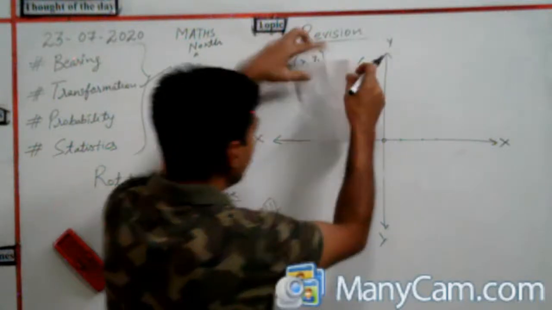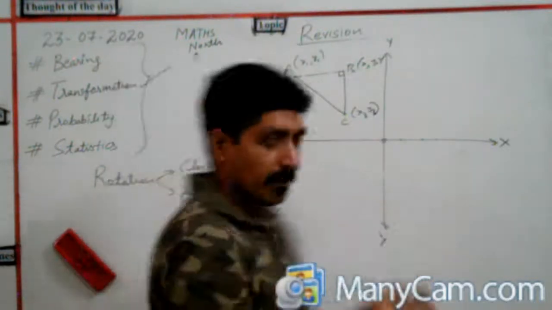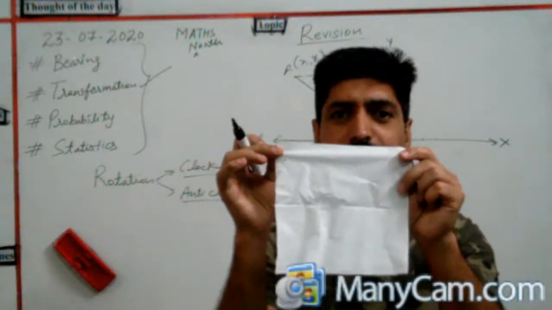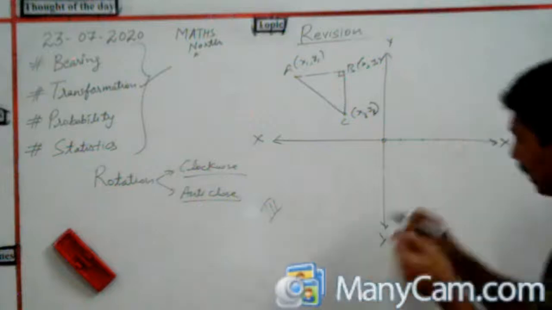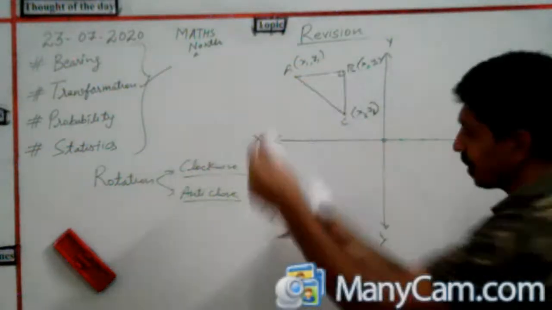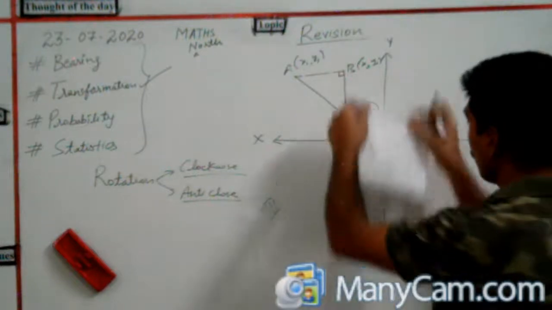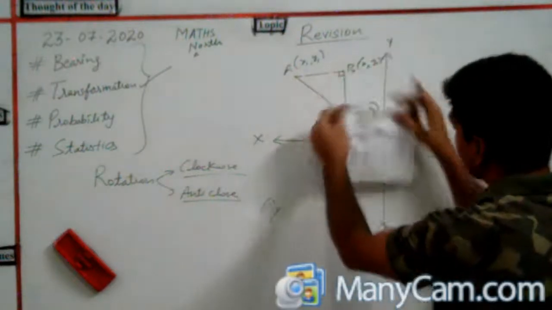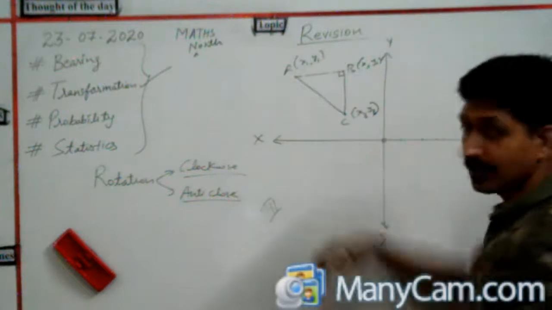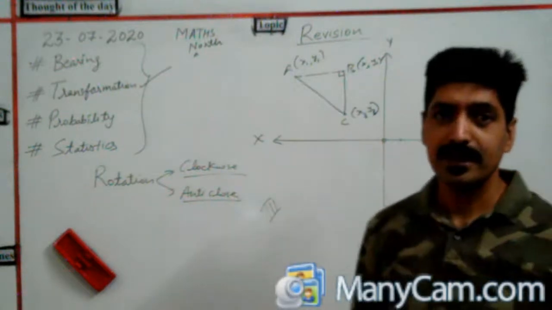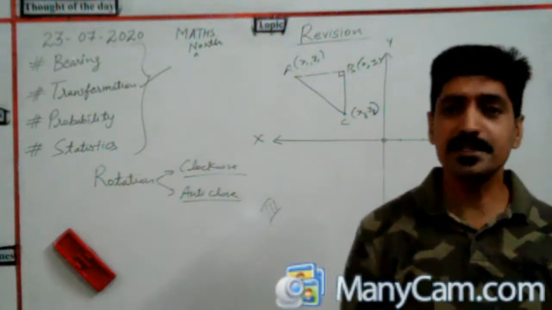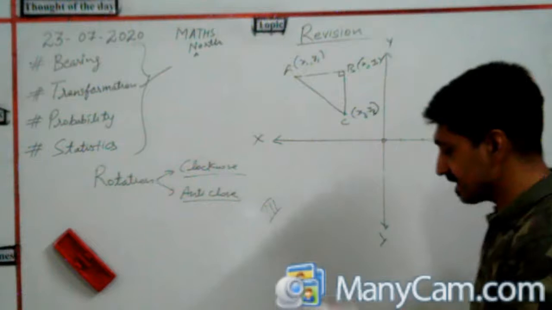I am not able to write, but I have just pointed the 3 points. One is point A, one is point B, and one is point C. Now what I will do, I will fix the origin, and when I will rotate it, this point A will shift simultaneously, and we will measure these points' coordinates very easily. Just have a look.